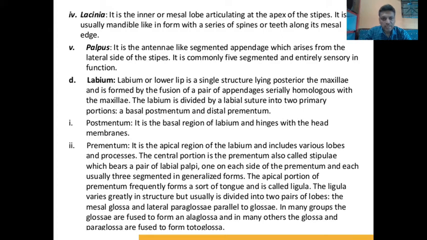The other is the prementum, the apical region of the labium, which includes various lobes and processes. The central portion, the prementum, also called stipuli, bears a pair of labial palpi, one on each side of the prementum, each usually three-segmented in generalized form.